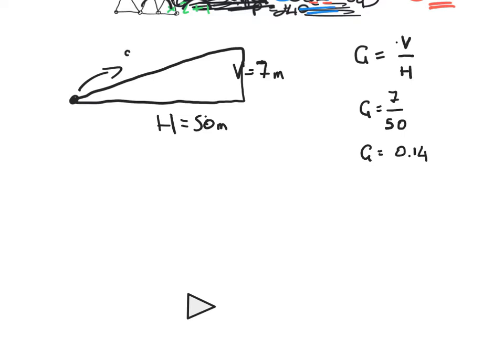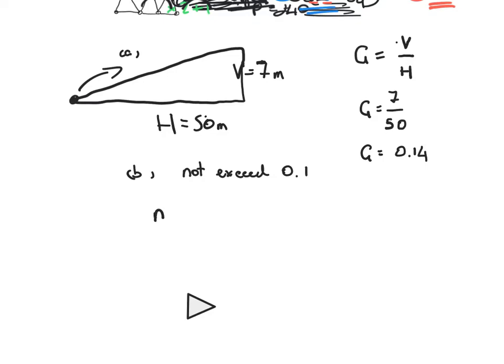Now, part B of the question says safety regulations say that the slope of the travelator must not exceed 0.1. Does it meet safety regulations?